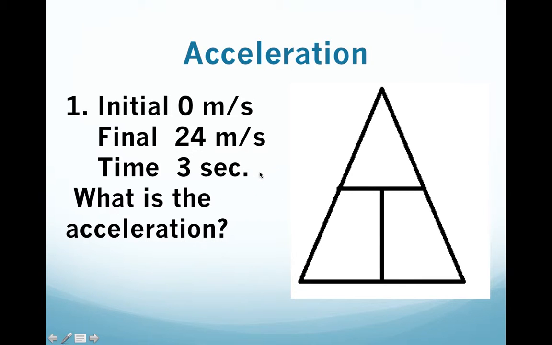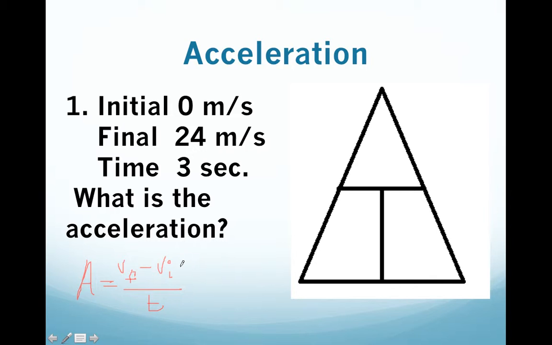All right, now let's go to acceleration. So let me write the formula for acceleration. Your formula for acceleration is a change in velocity, which is your final velocity minus your original or initial velocity. That's your starting. What you end with minus what you start with, divided by your time.